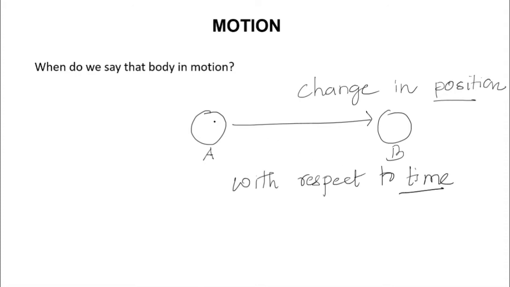So let me repeat, if a body changes its position continuously with respect to time, means it was here when the object was here, it was 1 second, then it became 2 seconds when the object was here, and somewhere 4 seconds when the object reaches here and continued, in that case a body is said to be in motion.